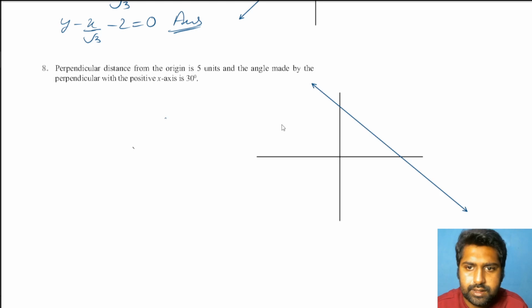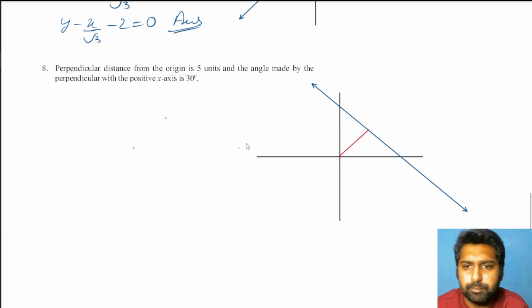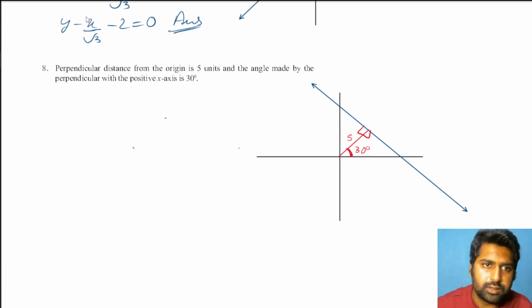He is saying that the perpendicular distance of any line is 5, and the angle made by this perpendicular, that means he's talking about this angle with the positive x-axis, is 30 degree. Can you see this is nothing but normal form?